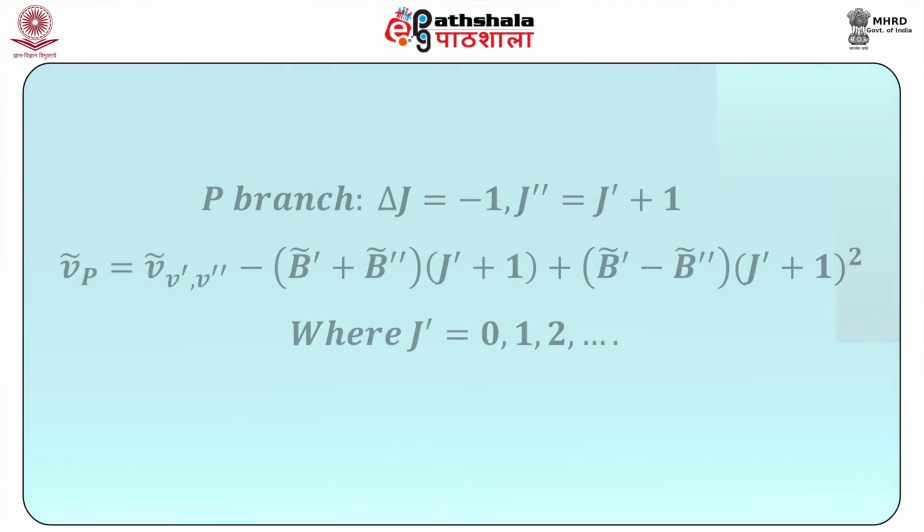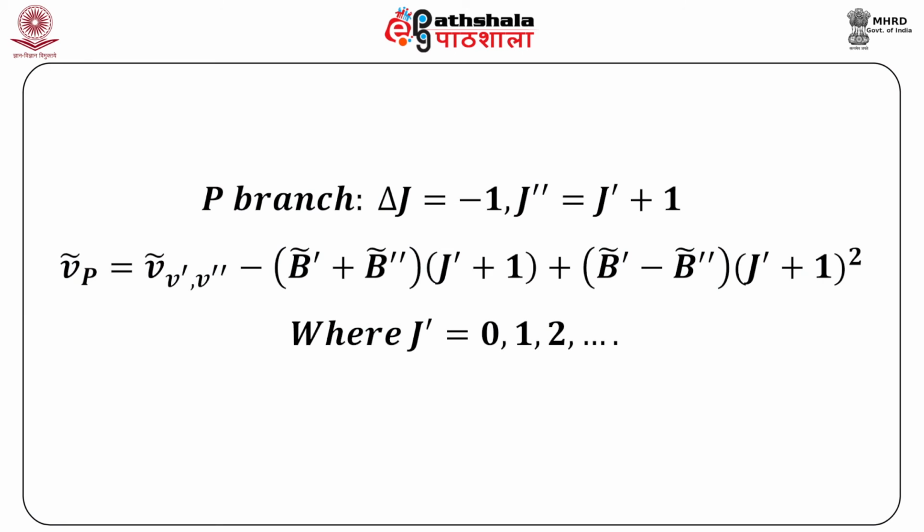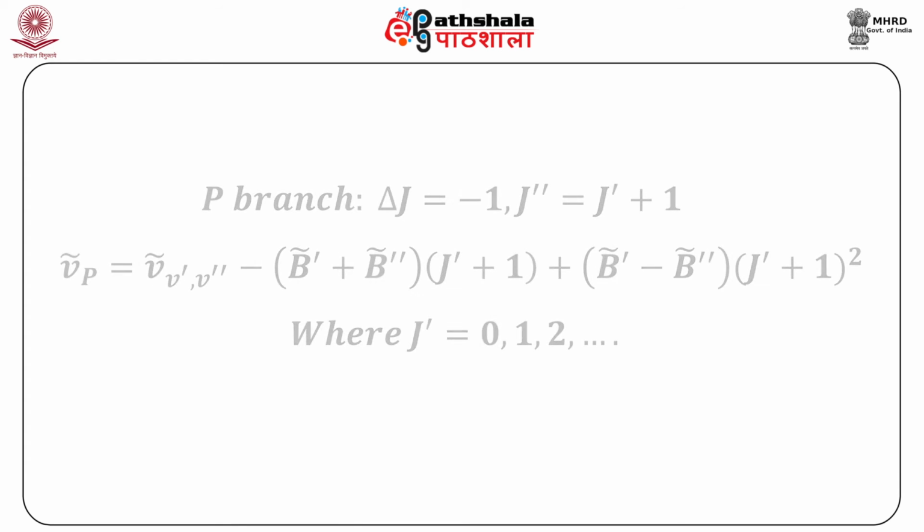Earlier when we used this notation, we were talking about the ground and excited vibrational levels. Now we are talking about excited states, and the wave numbers for the P and R branches will be as follows. For the P branch, delta J is equal to minus 1. So, J double prime is equal to J prime plus 1, and when you substitute that, you find that the wave number for the P transition is equal to the wave number for the v prime v double prime vibronic level minus (B prime plus B double prime) into (J prime plus 1) plus (B prime minus B double prime) into (J prime plus 1) square, and here J prime is equal to 0, 1, 2, and so on.